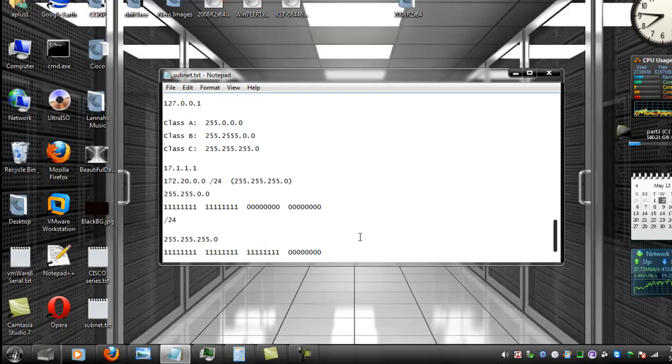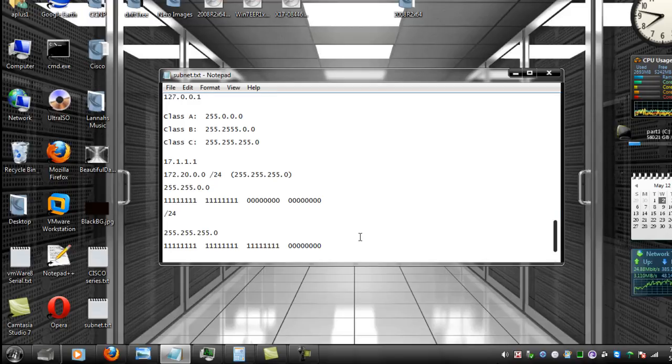So remember that I said that subnetting is the process of borrowing host bits. So we need to identify where the subnet bits are. There's a reason I drew both of these masks out for you.